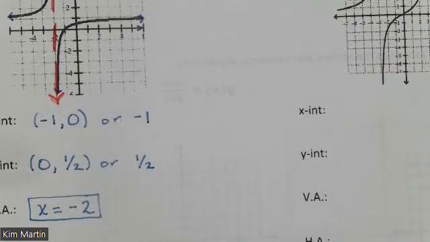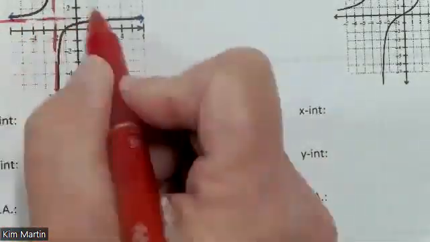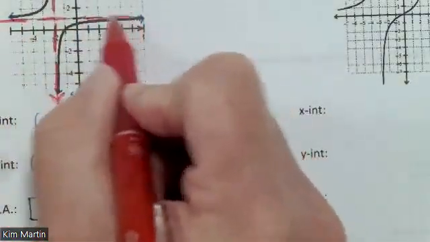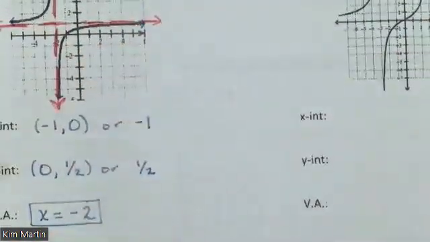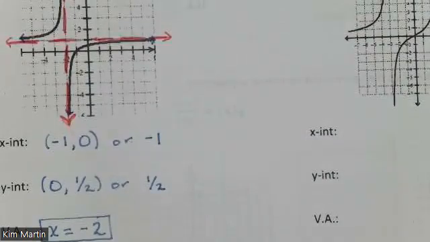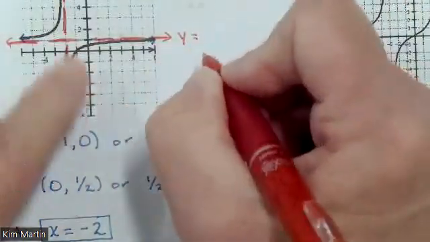Well, the horizontal one has one right here, where there's one in this graph that's got this invisible horizontal line. But again, it looks like it touches, but it really doesn't. It's just that the pen's too thick, or the pixels on your calculator will be too thick. And this is at y equals, and it hits the y-axis at -1.